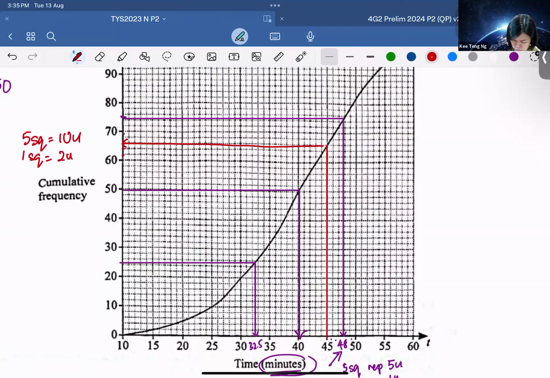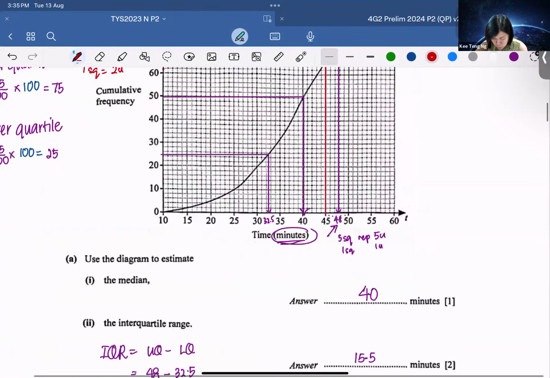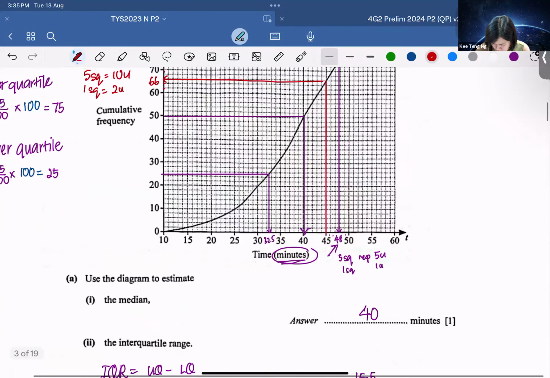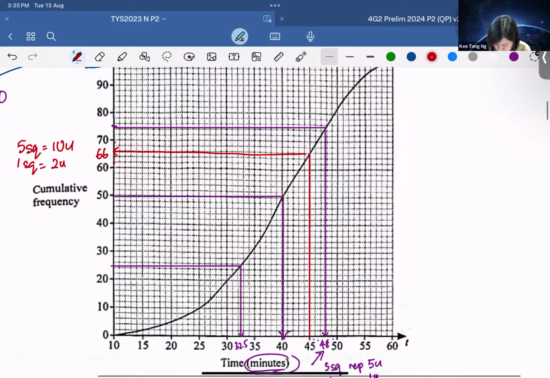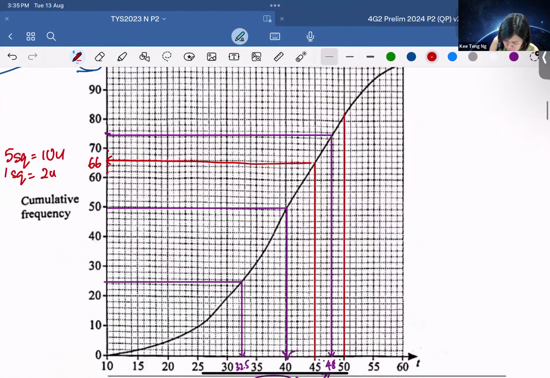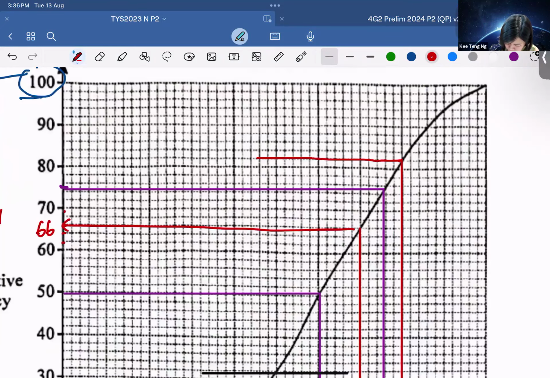So 60, 66, right? But between 45 to 55, is it 55? Or to 50, sorry, you read wrongly. To 50. So 50 again, read from the 50, go up. Then here, this number.